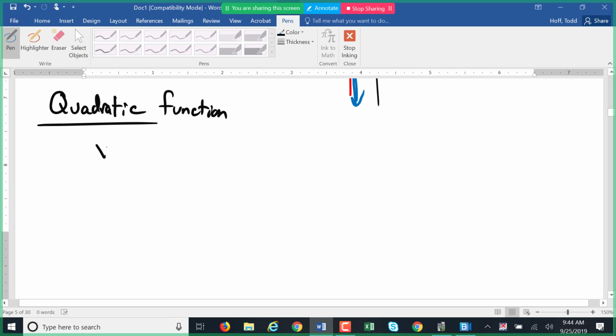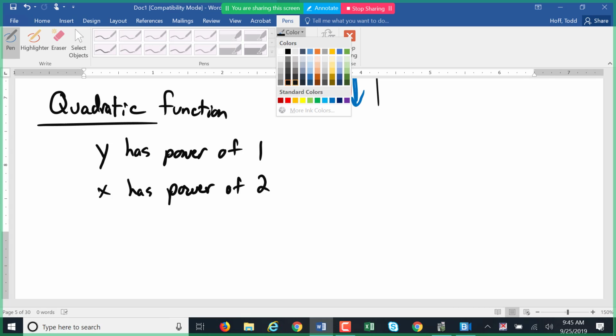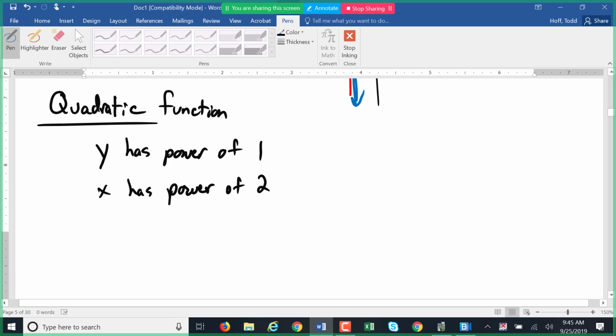Typically for functions, y has a power of 1, x has a power of 2. Now it might also have a power of 1 in there for x as well, but it has to have a power of 2 and no higher.